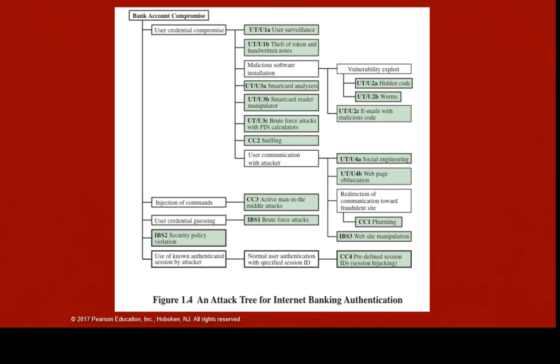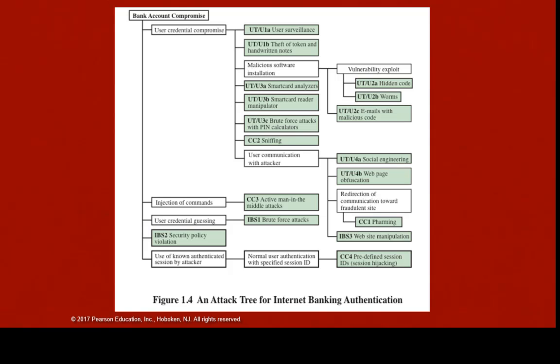Another possible strategy is to embed malicious software to compromise the user's login and password. An adversary may also attempt to obtain credential information via the communication channel, sniffing. Finally, an adversary may use various means to engage in communication with the target user, as shown in the figure.